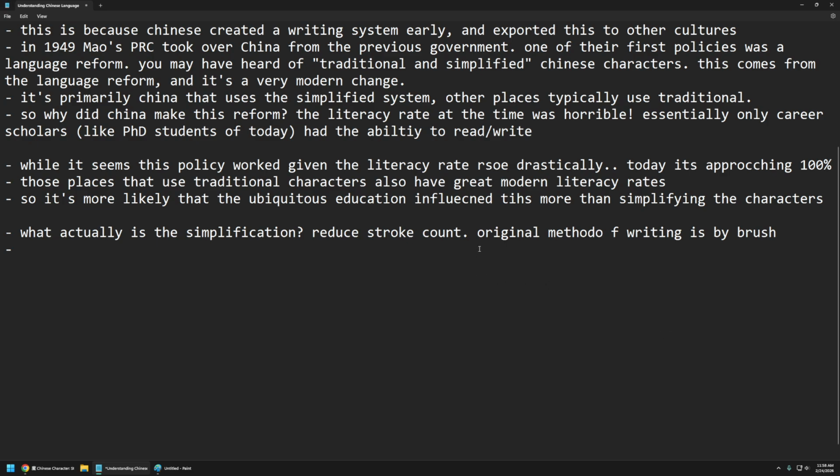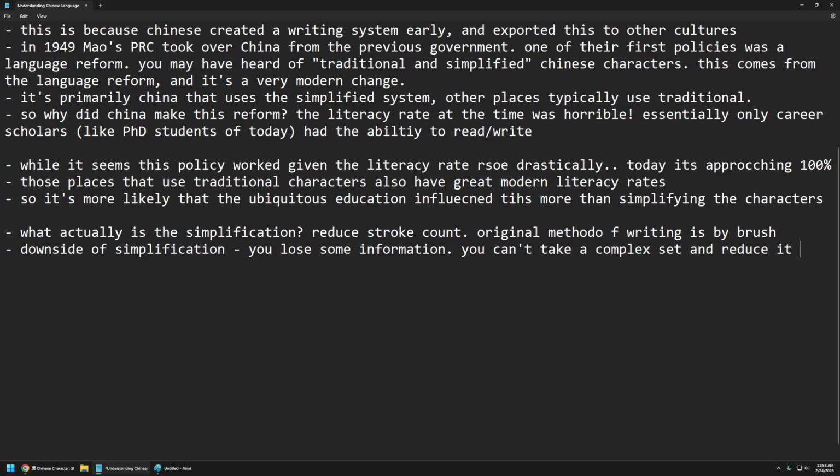So the downside of simplification, it's not totally a good thing to simplify things because you lose some information, right? You can't take a complex set and reduce it to a simplified set without losing something.